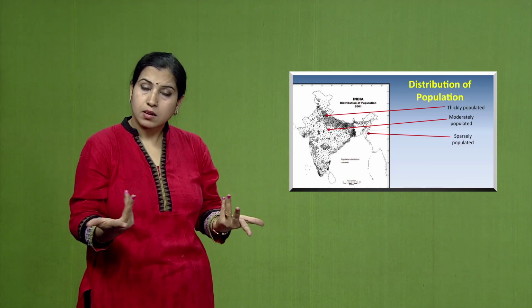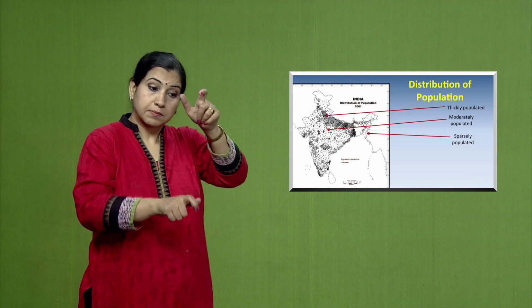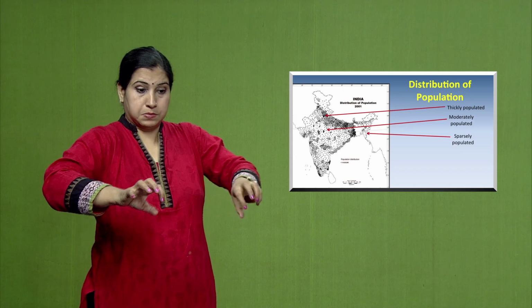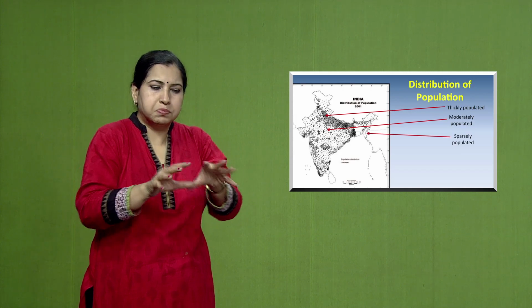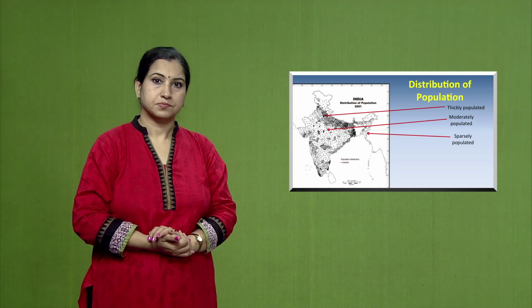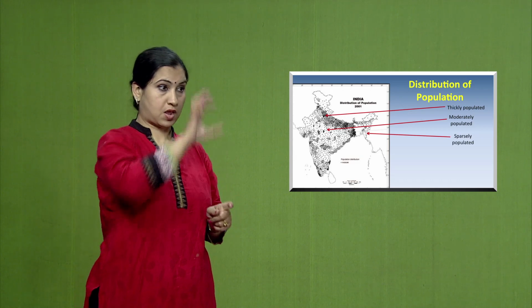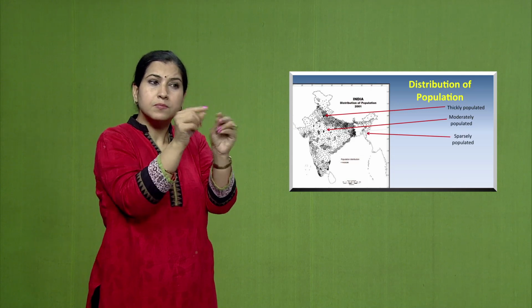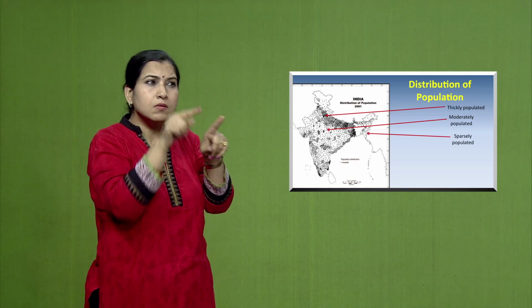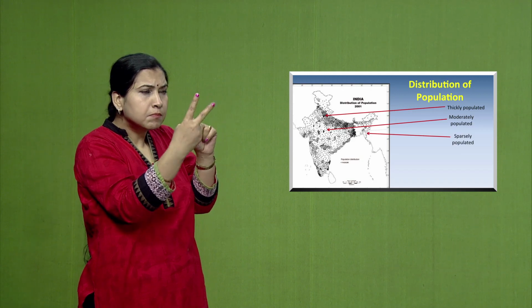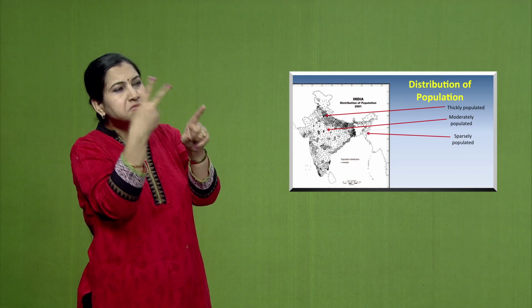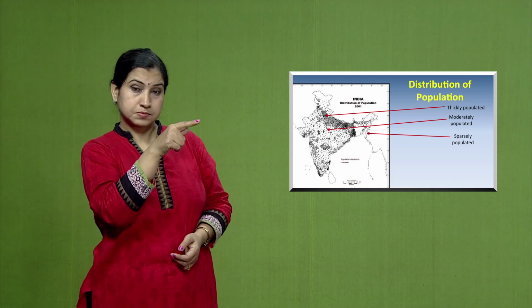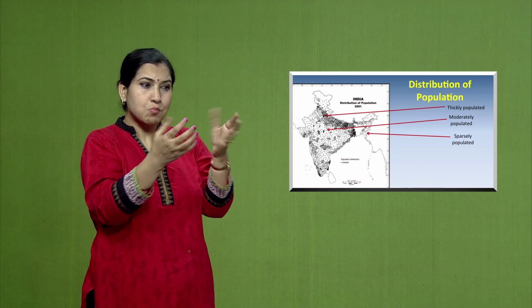It means that the population in these states is either widely spread or moderately spread. But in some other states, the dots are very close to one another, so close that those parts in the map look almost painted. In them, the spread of population is very dense.